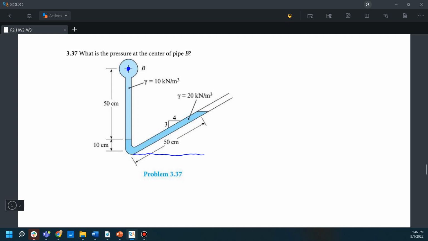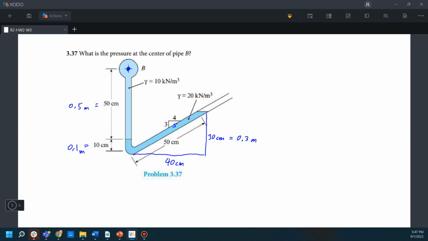And we can draw a line here. And because we have the ratio 3, 4, and these parts will be 5, this will be 40 centimeter. This will be 30 centimeter. And this is equal to 0.3 meter. This is equal to 0.1 meter. This is 0.5 meter.